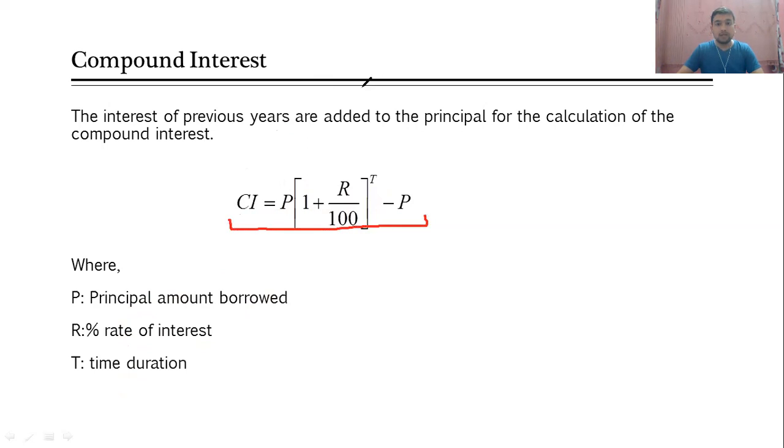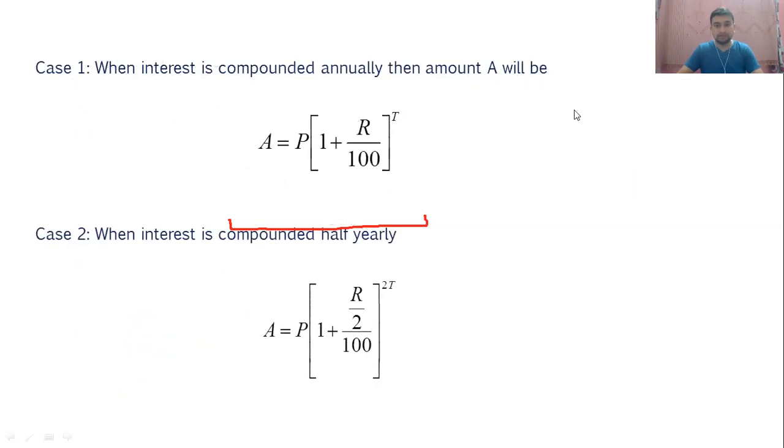Okay, next. Now this is very important. First case is when the interest is compounded annually, then the amount A is equal to capital P in bracket 1 plus R upon 100 to the power T. Okay, this is important.